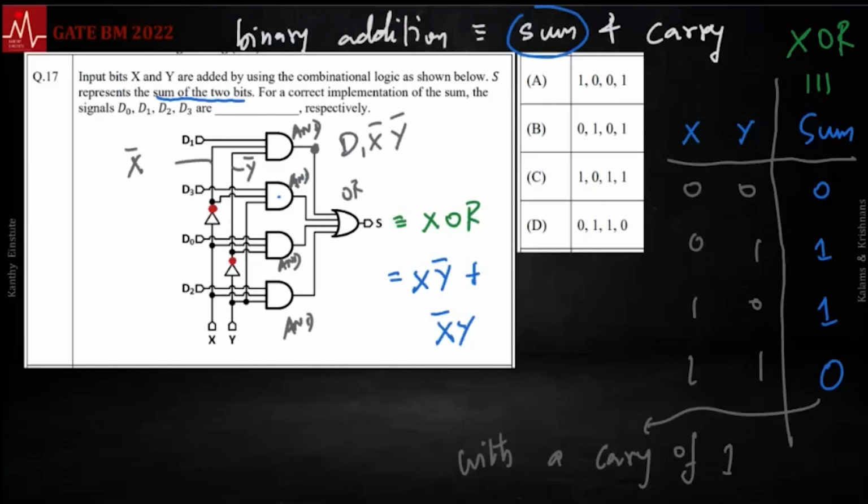Our summation, what we need is these two terms. Do we need this term? We don't need that term. We can say that by setting D1 equal to 0. If you set that to 0, this term is fine.